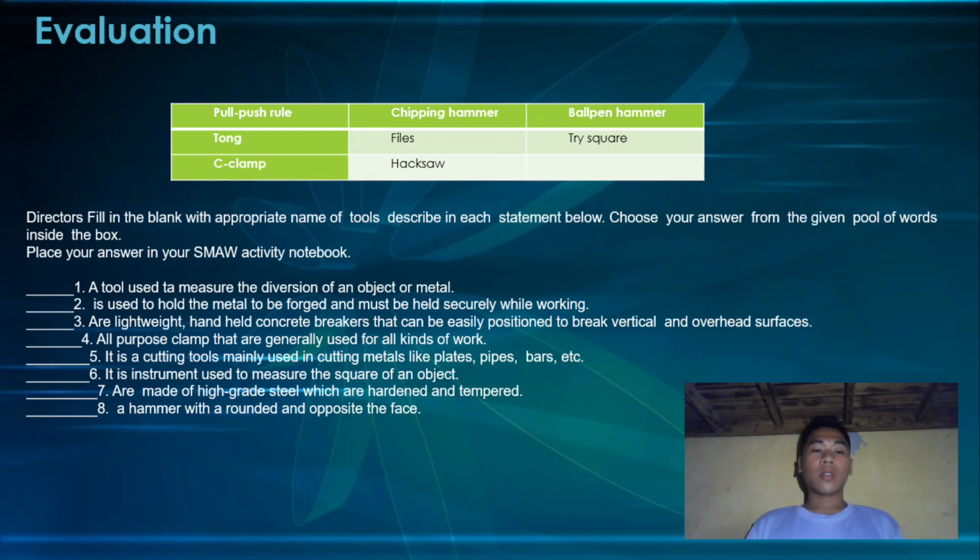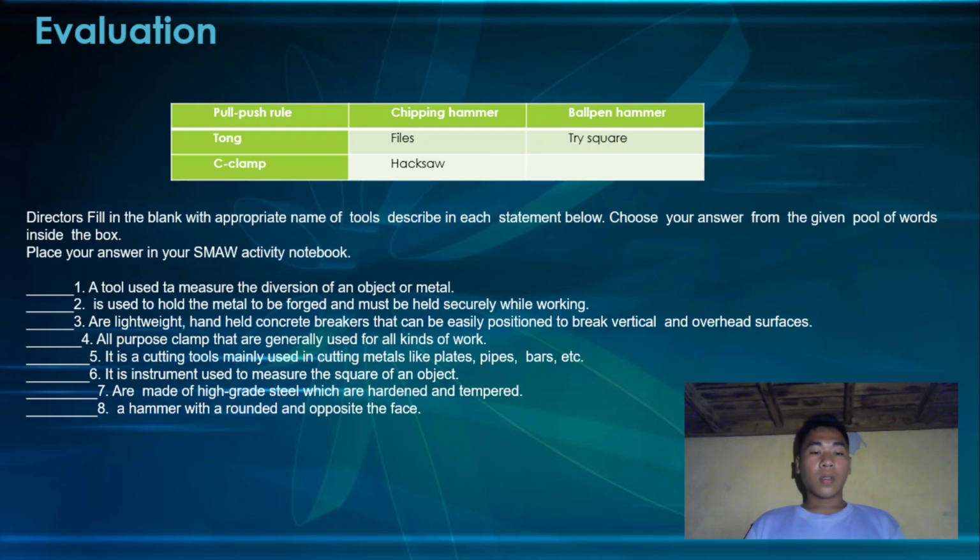Direction for the evaluation: fill in the blank with the appropriate name of the tool described in each statement below. Choose your answer from the given pool of words inside the box. Place your answer in your small activity notebook. Question number one: a tool used to measure the deviation of an object or metal.